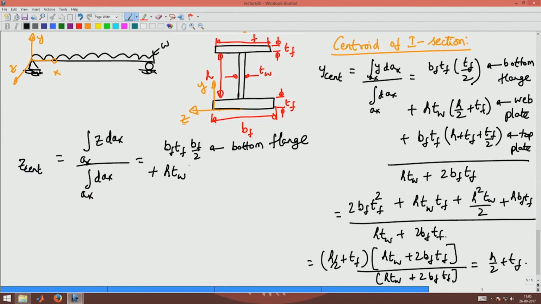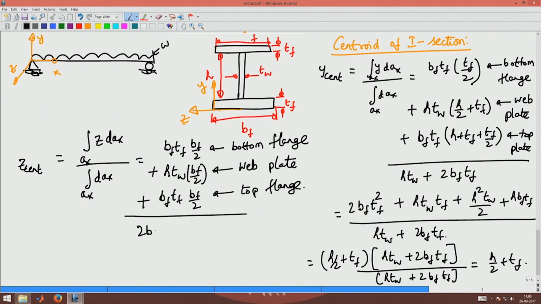The CG of this web is assumed as Bf by 2. Okay, this is for the web plate, plus for the top flange it is Bf Tf into Bf by 2, divided by 2 times Bf Tf plus H Tw. It is easy to see that this will be nothing but Bf by 2, which will be your Z centroid. Okay. So, from this we find where the centroid of this cross section is, right.